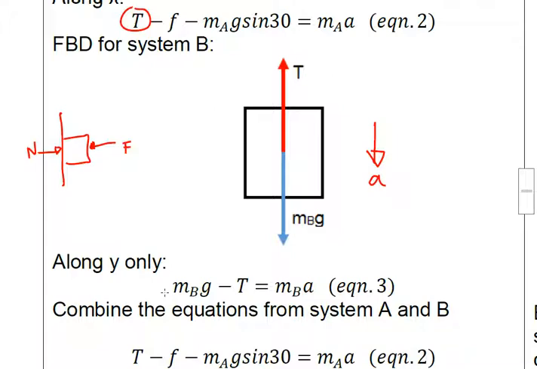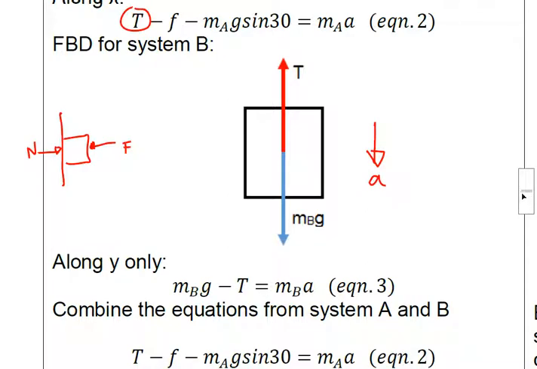Well, whenever a force follows the direction of the acceleration, it should be taken to be positive. That's your basis. Then T is against the direction of the acceleration, so you have your minus, and you have this equation 3.